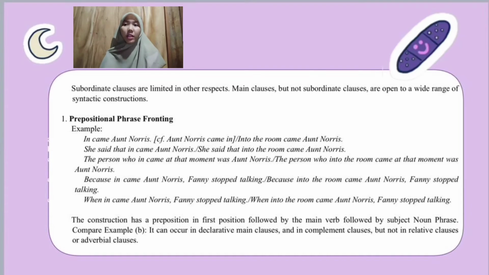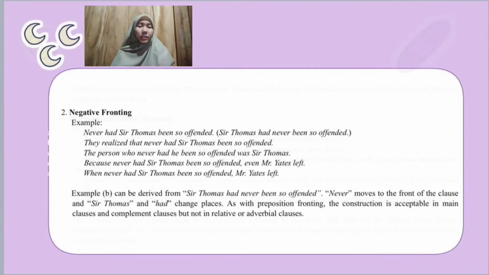So the construction has a preposition in first position followed by the main verb, followed by the subject noun phrase. Compare example B. It can occur in declarative main clauses and in complement clauses, but not in relative clauses or adverbial clauses. 2 is negative fronting.